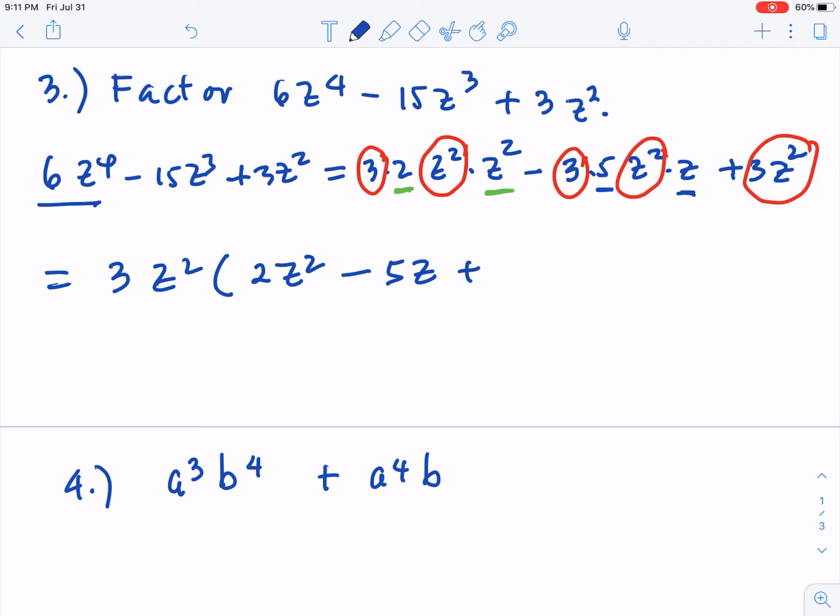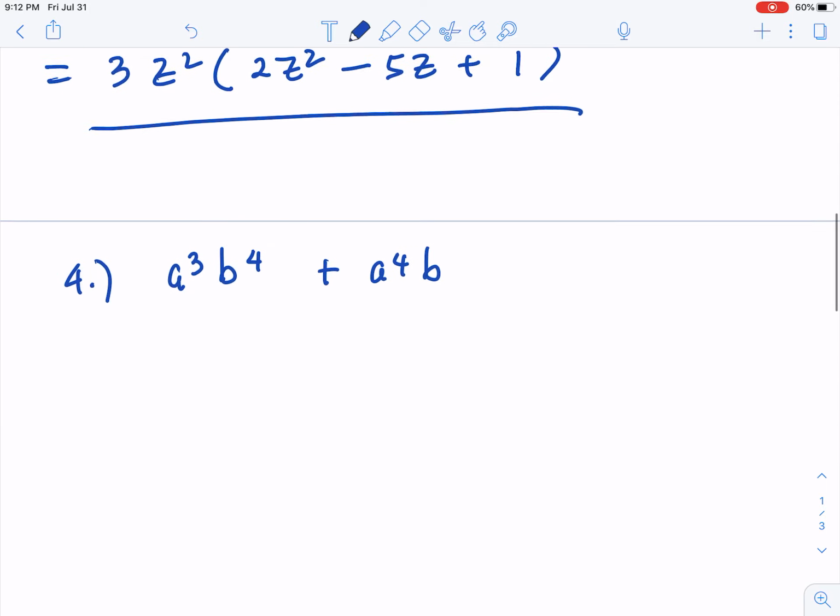Ang natira ay 1, di ba? So, wag nyo kalimutan yan. Yung iba dyan nagkakamali, naging 0. Bakit siya 1? Kasi, if I multiply this back, dapat 3z squared yung makuha ko. So, when you're factoring, you're actually dividing, no? In fact, we're dividing everything by 3z squared. But 3z squared divided by 3z squared is equal to 1. Okay? So, this is the answer.